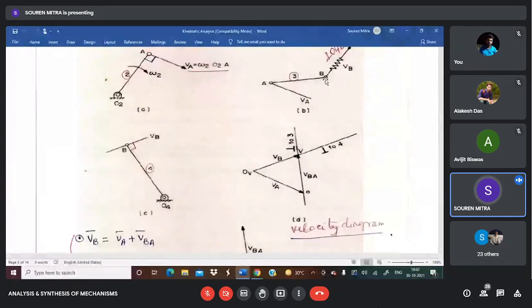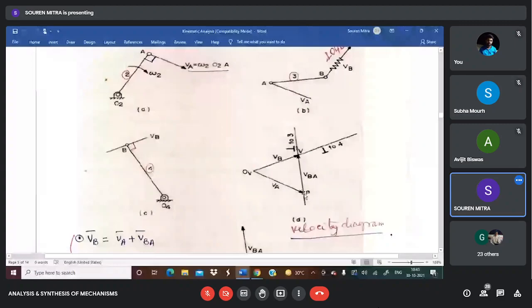But if we consider the relative velocity between A and B, there will be no relative velocity along the member. The velocity will be perpendicular to the member. So the velocity at B with respect to A will always be perpendicular to that. We utilize that information here. At point A, velocity is totally known. We know this length, we know this point, and we also know the orientation of AB.